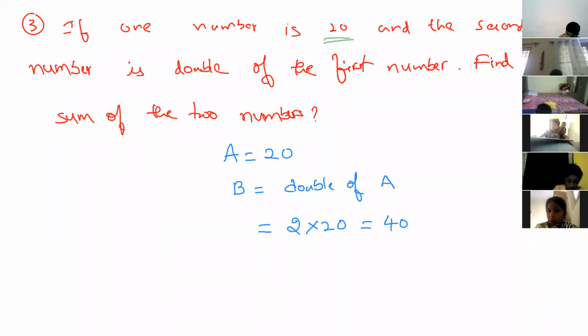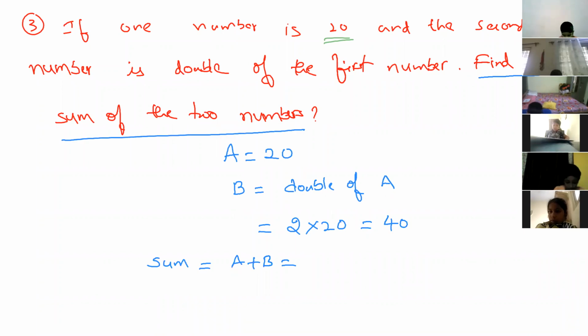Then the question is the sum of two numbers, A plus B. What is the answer? Ma'am, it's 60. 20 plus 40 equals 60.